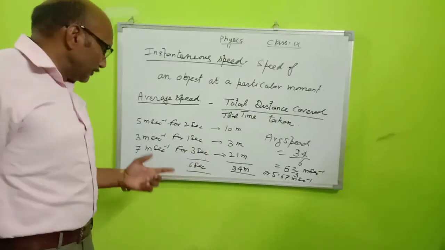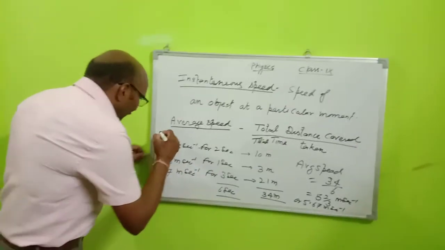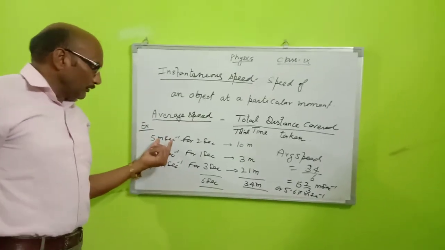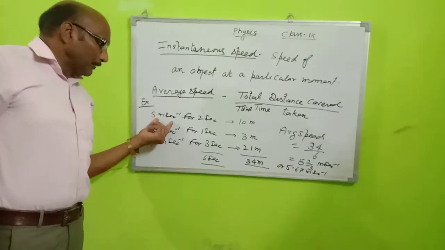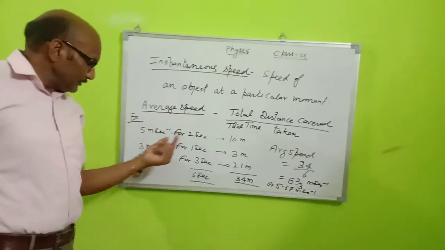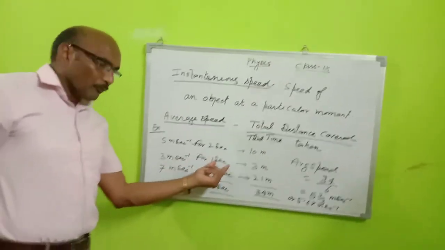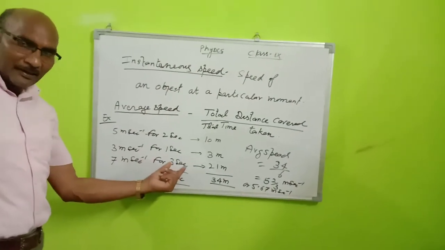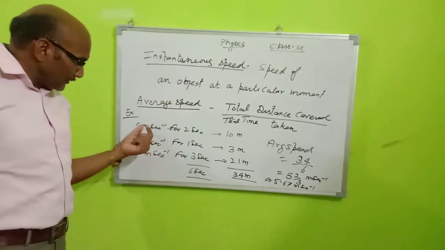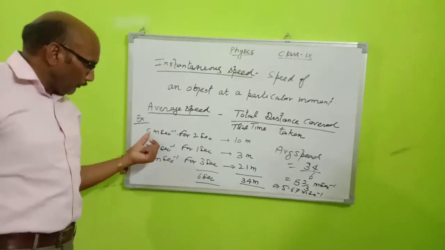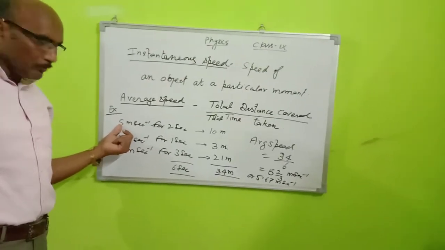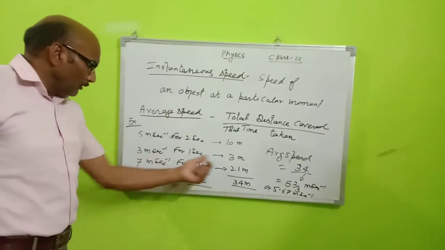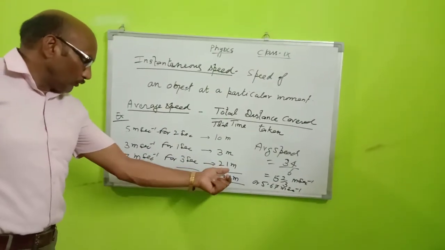Average speed is total distance covered upon total time taken. How to find average speed? I have taken one example: let one vehicle be running with 5 meters per second for the first 2 seconds, then 3 meters per second for the next 1 second, and then 7 meters per second for the next 3 seconds. Distance equals speed into time: 10 meter, 3 meter, 21 meter.